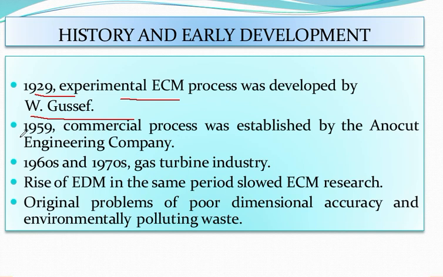Next, in the year 1959, the commercial process was generated by the Anocut Engineering Company. So the process was invented, and after that its commercial process was generated by the Anocut Engineering Company.